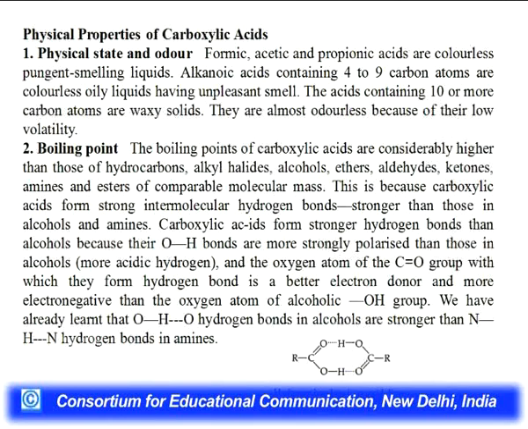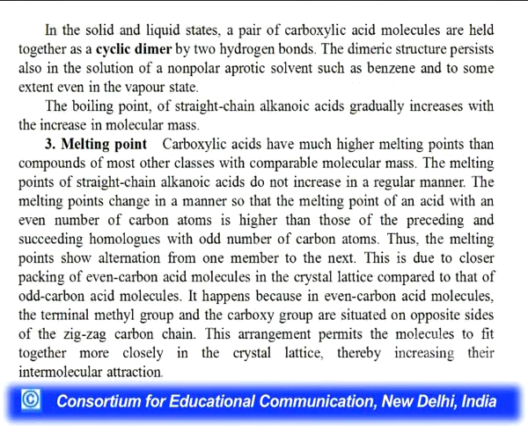You can see the dimer of carboxylic acid and the hydrogen bonding in the carboxylic group. In the solid and liquid states, a pair of carboxylic acid molecules are held together as a cyclic dimer by 2 hydrogen bonds. The dimeric structure persists also in solutions of non-polar aprotic solvents.